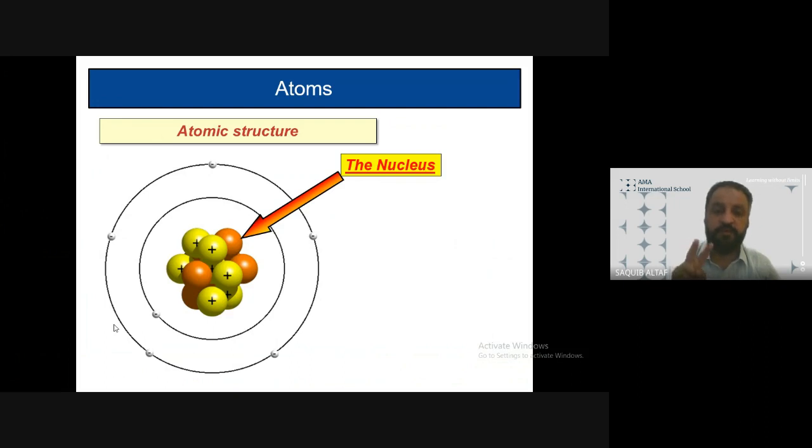Protons and neutrons are both inside the nucleus, and electrons are orbiting around the nucleus. Proton has positive charge, electron has negative charge, whereas the neutron is neutral, no charge.